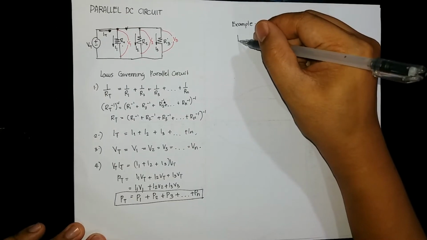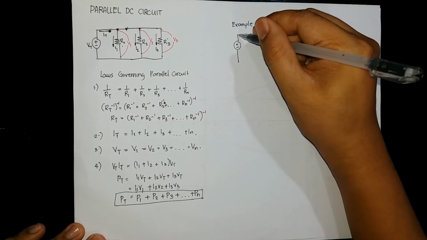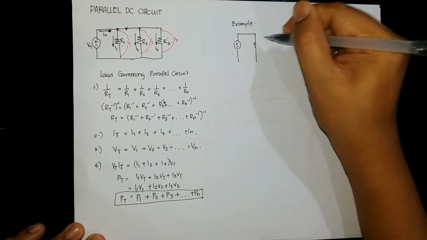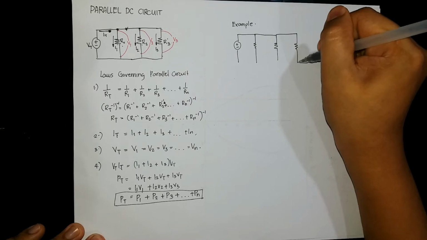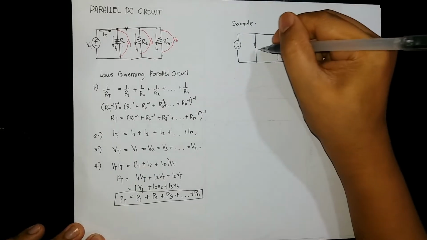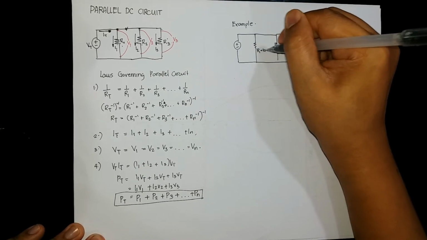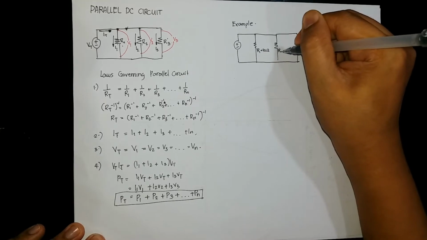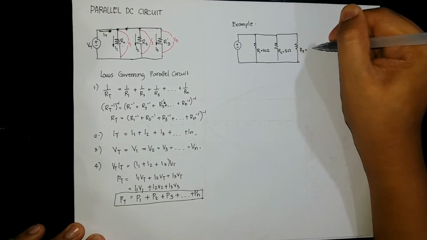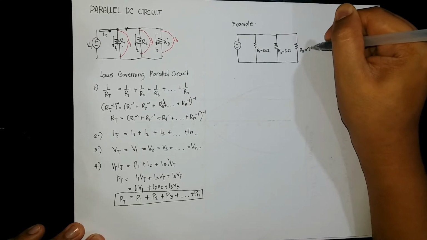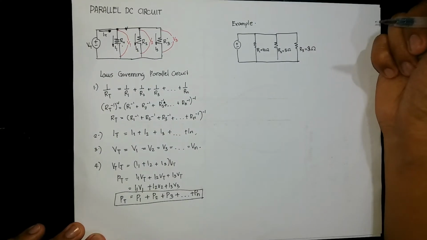Example, say I have 3 resistors connected in parallel, and let me use the same value of resistor 10 ohms, R2 as 5 ohms, and R3 as 3 ohms for comparison later.